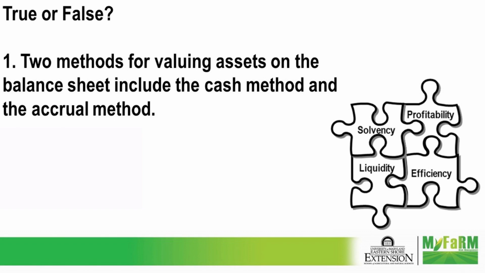So very, very important things as you're creating your financial statement. So 2 methods of valuing assets on the balance sheet include cash method or the accrual method. So you've probably heard those 2 things, and we're going to talk about it later. That is false. All right. And we'll talk about what those are in a little bit.